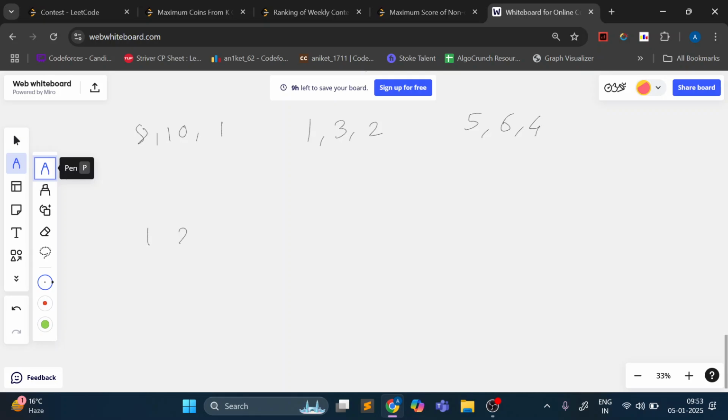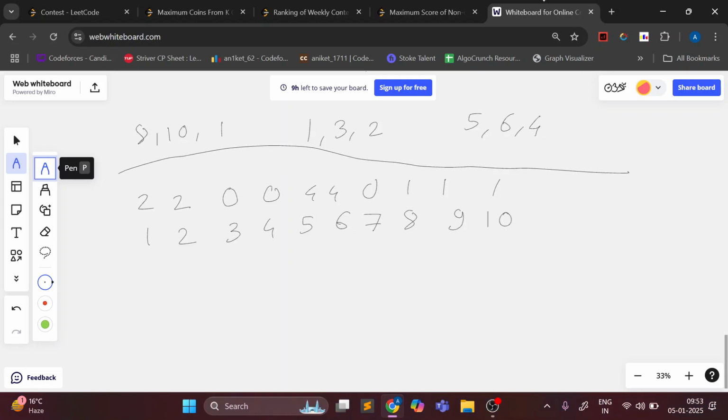So let's just draw this number line first. And now we'll put the number of coins here. So 0, 0, 5, 6, 4, 4. So this is the input which we are given, and this is how it looks.